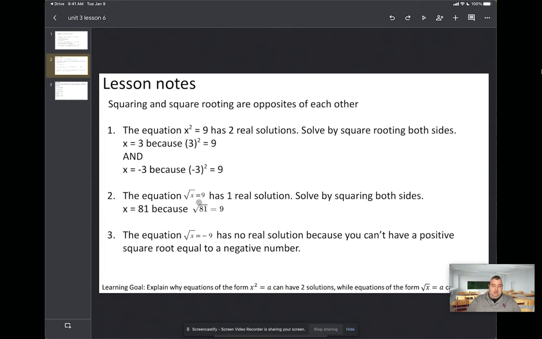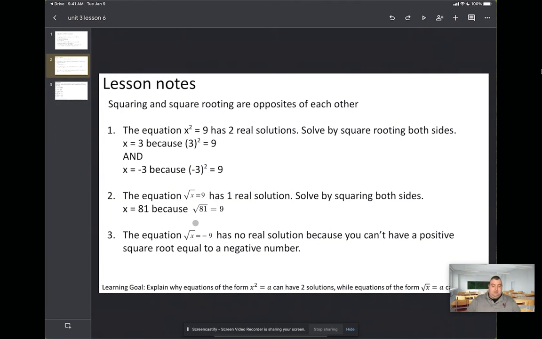If I changed that to a negative 9, so let's say I had the equation the square root of x equals negative 9, even though it looks like it's solvable, it actually is not in the real number system. It has no real solution because you can't have a positive square root equal to a negative number.